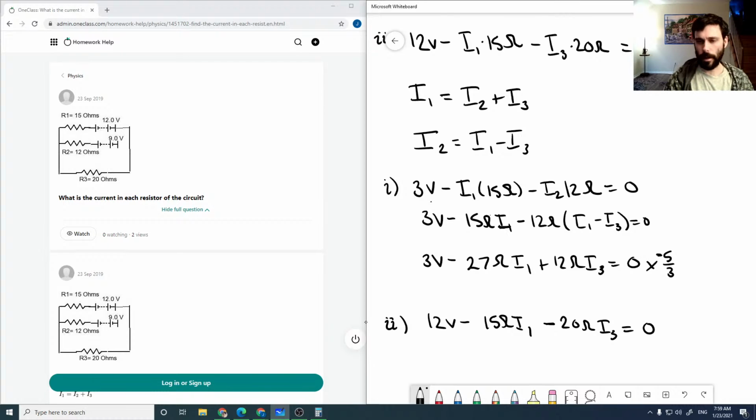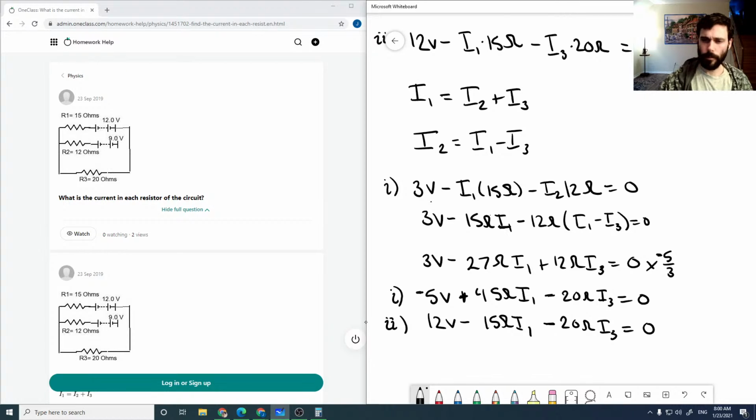And the reason I can do that is because it all equals 0. But this is going to turn my first equation into 5 volts minus 45 ohm I1. Minus 5 volts plus minus 20 ohms I3 equals 0.